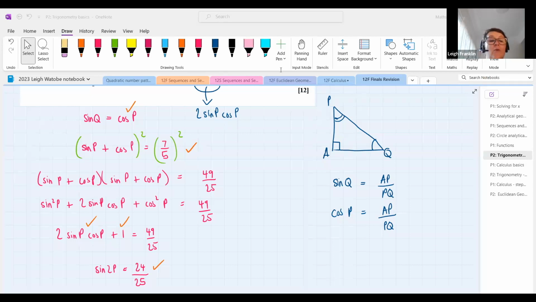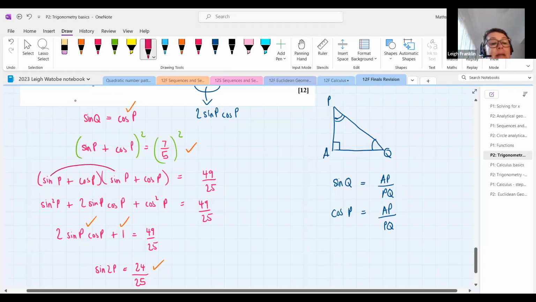Yes. Okay, all right. So the reason that I squared both sides is because I know that when I square sine p plus cos p, I can end up with sine squared p plus 2 sine p cos p plus cos squared p. That's why I did it. Okay. So when you square the binomial, you're just doing FOIL. So in other words, you're saying sine p times sine p is sine squared p.